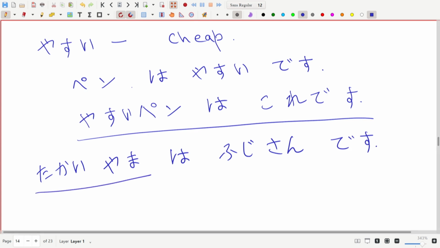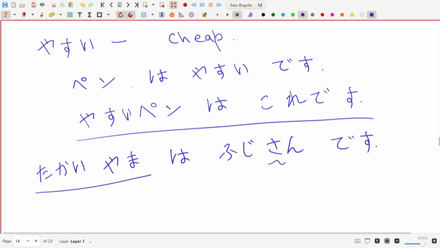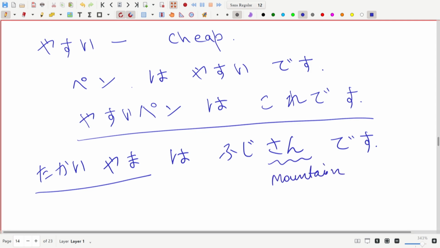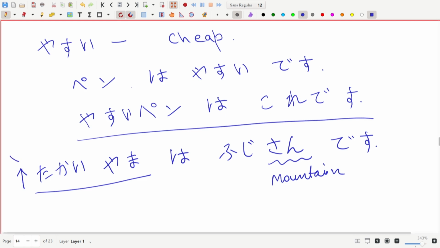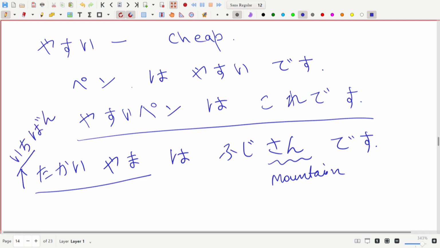Takai yama, high mountain. Fuji-san desu is Mount Fuji. San is the suffix for mountain. Highest peak in Japan is Mount Fuji. So, if you want to add highest, you can say ichiban. Ichi is 1, ban is number. So, highest peak in Japan is Mount Fuji.